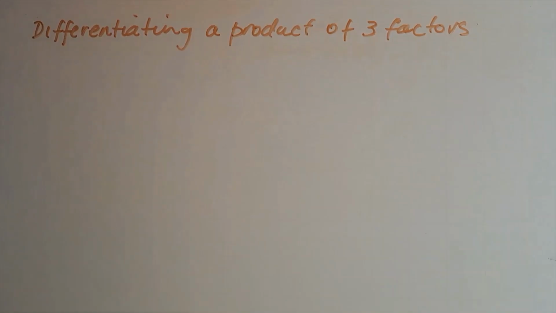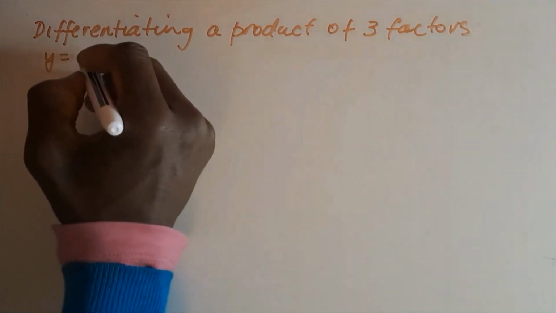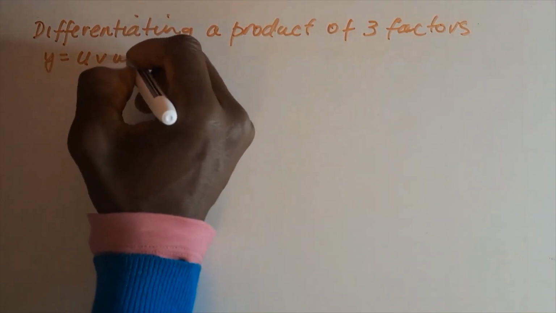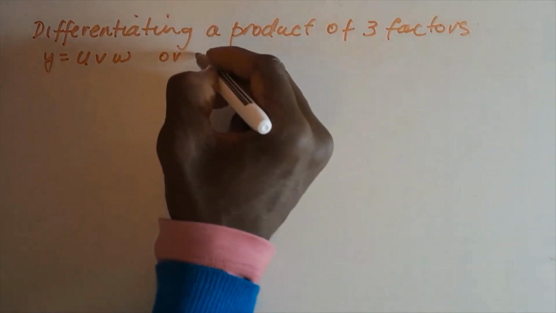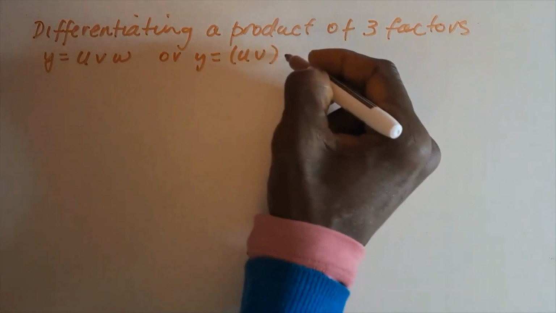Hi, you might be familiar with differentiating a product of two factors. Well, what about if you have y is equal to uvw? Well, you can write that as y is equal to uv times w.